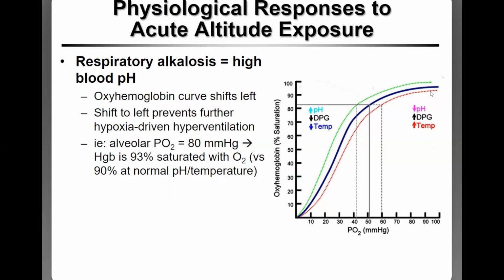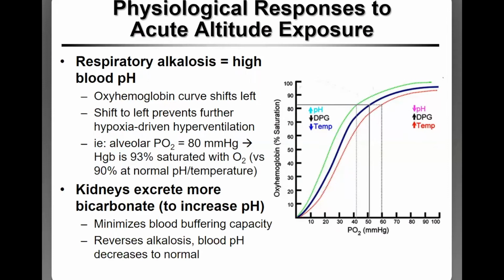This means that we're going to have more binding of oxygen to hemoglobin at the lung in the loading portion, but at the tissue level, hemoglobin is going to bind more tightly to oxygen and give oxygen up less readily to myoglobin. So this results in less oxygen delivery at the tissue level.